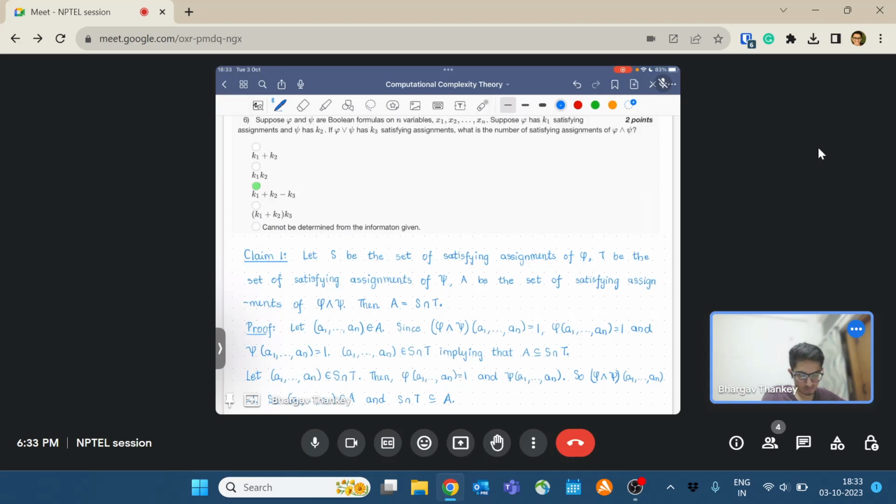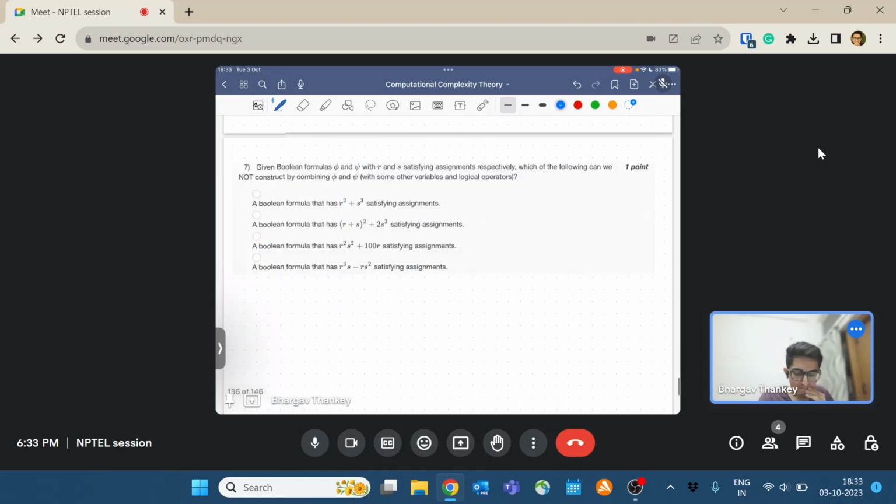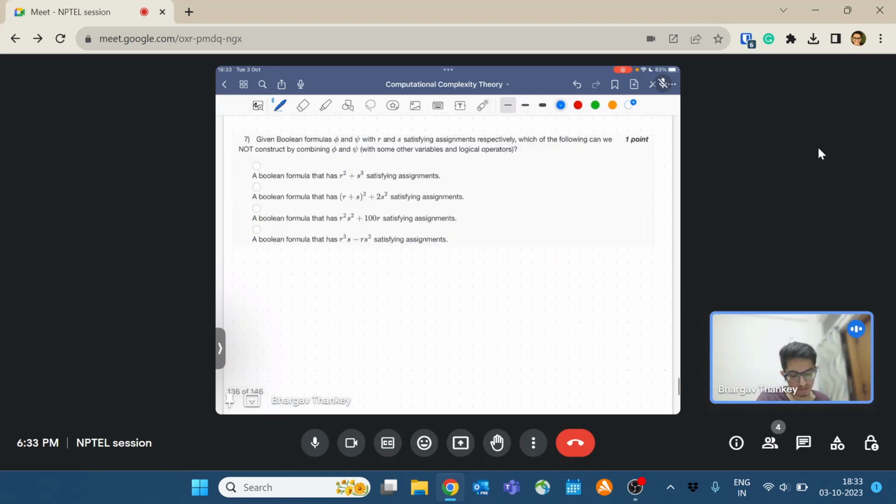So let's look at the next problem. So in the next problem, we are given Boolean formulas phi and psi with R and S satisfying assignments respectively. And which of the following can we not construct by combining phi and psi with some other variables and logical operators?